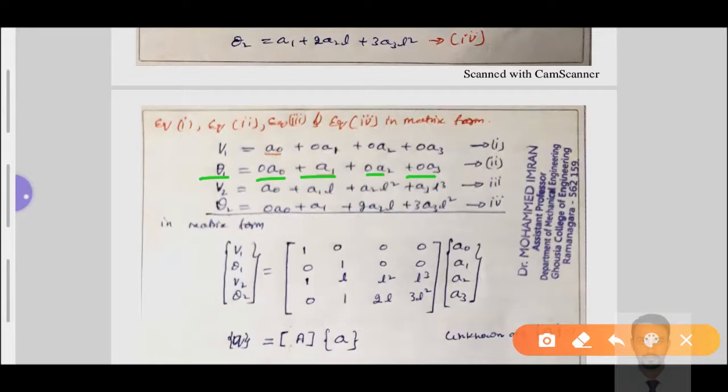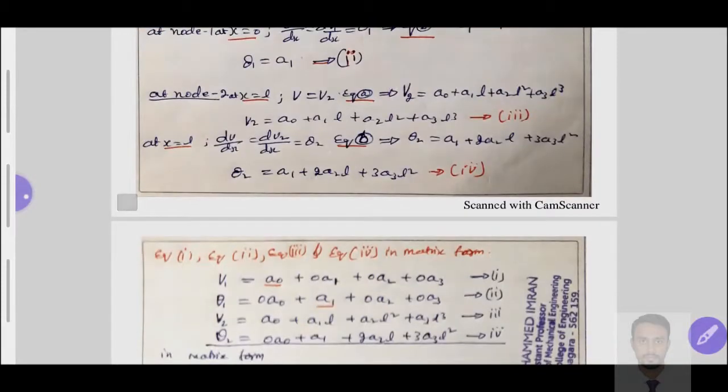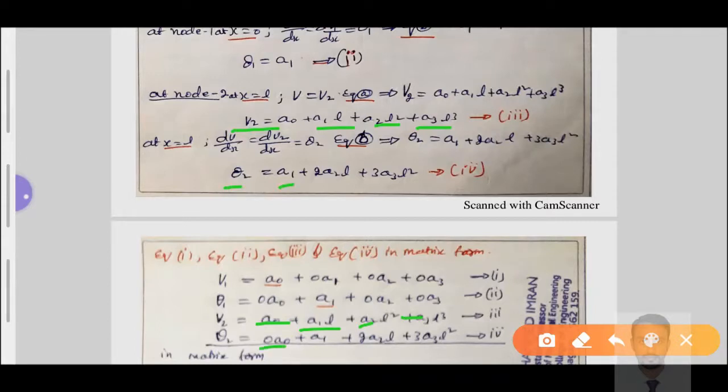We need to convert these in terms of a matrix, so I have written the equations in a simplified form to get a clear idea for writing the matrix. So v2 equals a0 plus a1l plus a2l square plus a3l cube. Similarly, theta 2 equals 0 a0 plus a1 plus 2a2l plus 3a3l square.